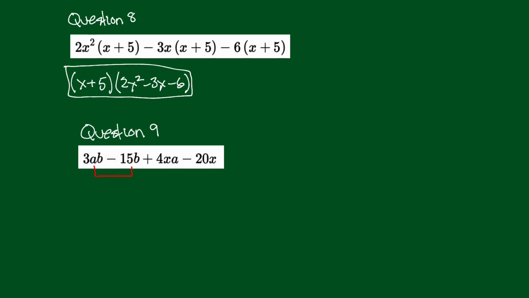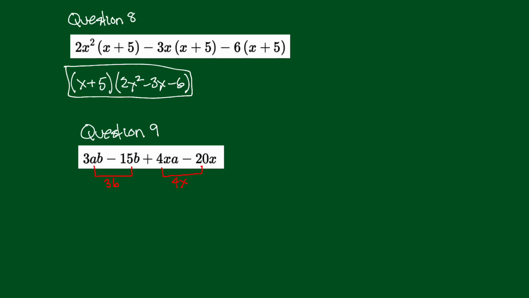What's common to these? A 3 and a B. Now, in the next two terms, what's common here? 4 and 20. 4 goes into both of those, so there's a 4, and then there's an X in common. So in the first two terms, there's a 3B. In the second two terms, there's a 4X.